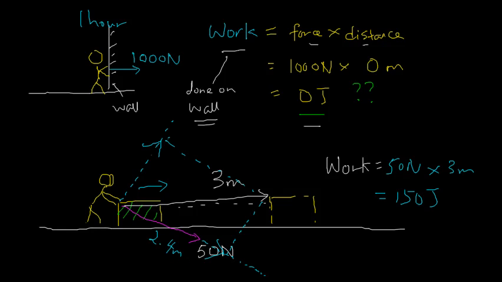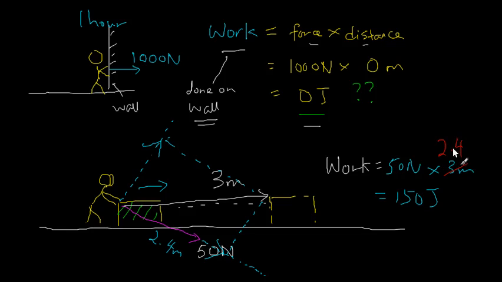So by this reasoning, if I want to calculate the work done by taking force times distance, I should not multiply 50 newtons by the 3 meters. I should not multiply by the original displacement. I should multiply by the component of that displacement along the force, which is 2.4 meters.